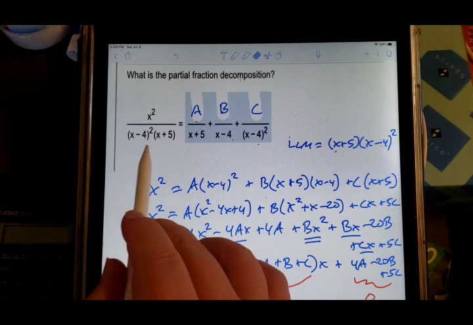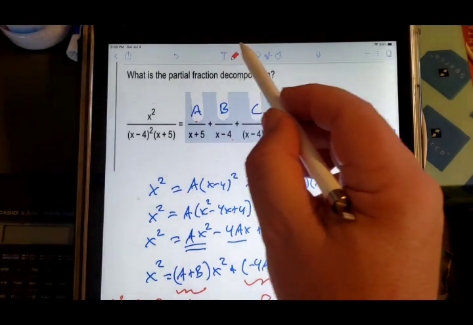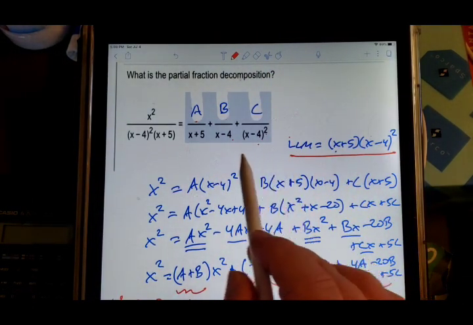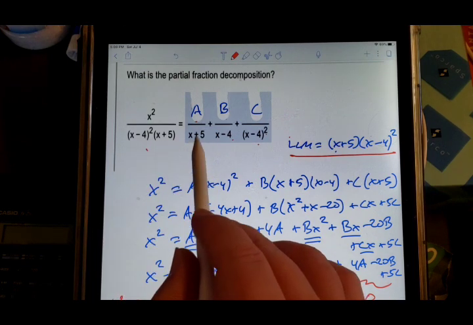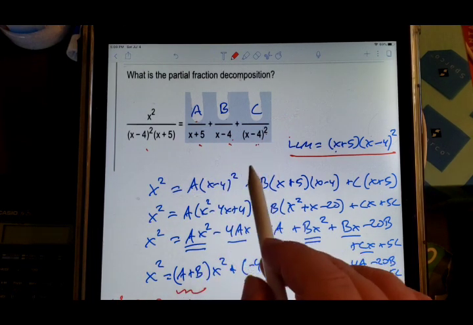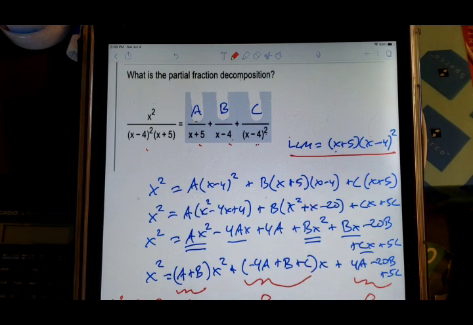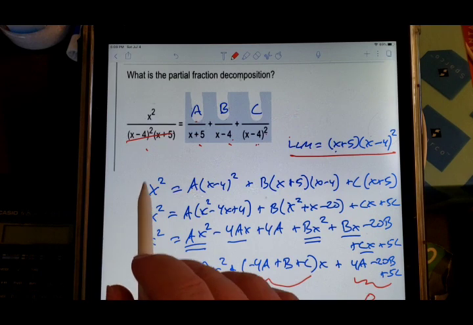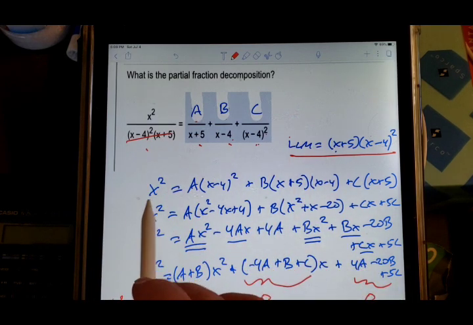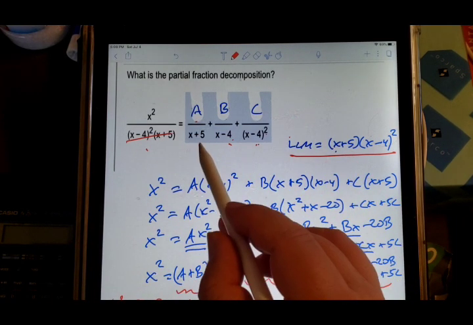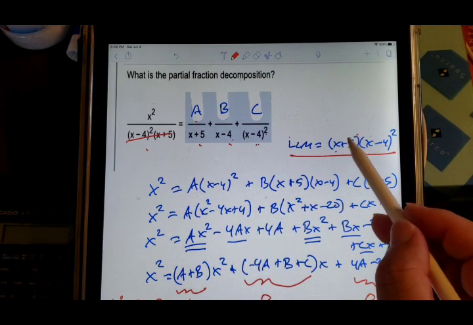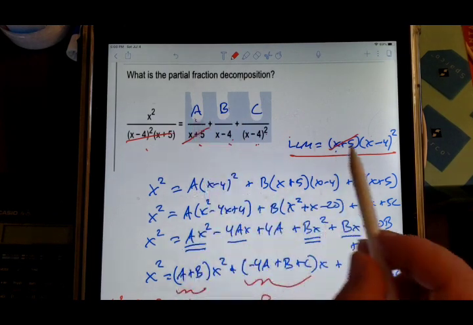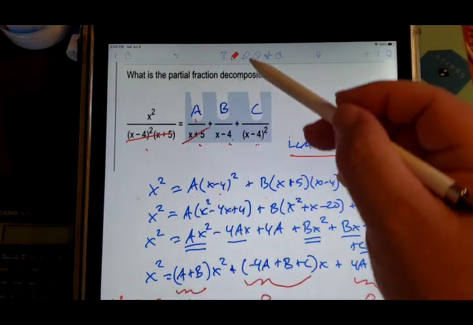The LCM is just this denominator. I'm going to multiply each term by the LCM. Well, it's just going to cancel the entire denominator in this one, and I'll just get x squared. If I multiply the first term, just the x minus 5 will cancel, and so I'm left with A times x minus 4 squared.